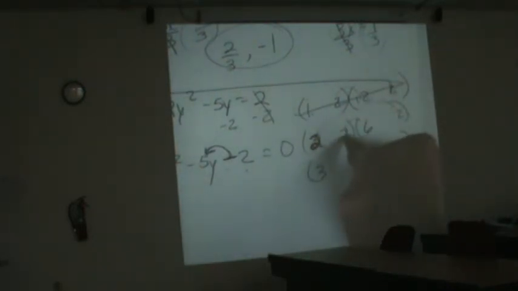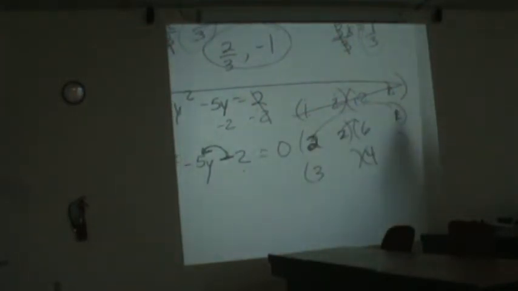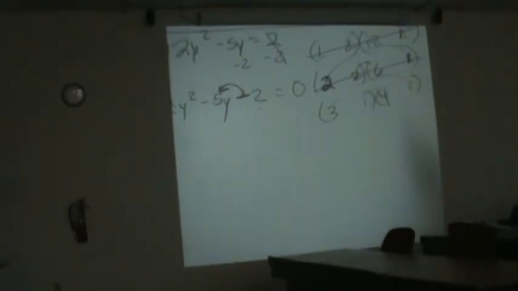Okay, let's put 2, 1. There's 12 and 2. 12 minus 2 gives you 10. Okay, let's try 1 and 2. 4 and 6. No?